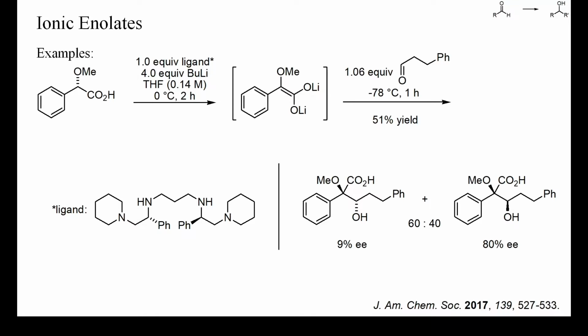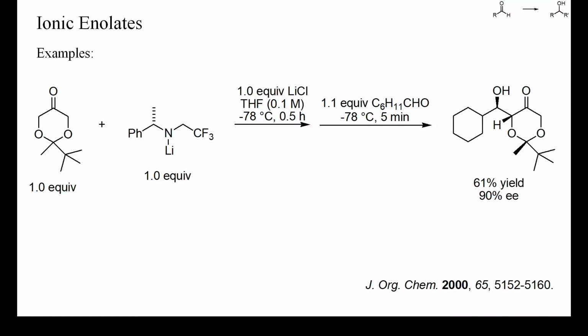The authors proposed that the high enantioselectivity was the result of the formation of mixed aggregates between the lithiated diamine and the enolate. In this example, again a chiral enantiomerically pure lithiated amine was used as base. Because the ketone had two pairs of diastereotopic protons, the chiral base generated an enantiomerically enriched enolate, which reacted with heptanal to yield mainly one diastereomer with high enantiomeric excess.